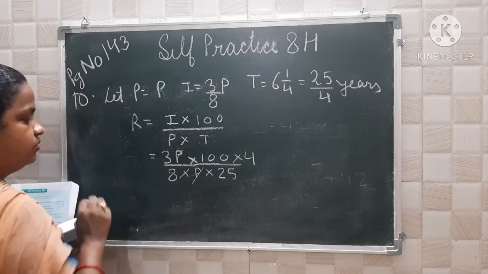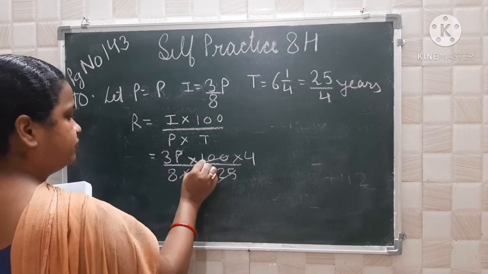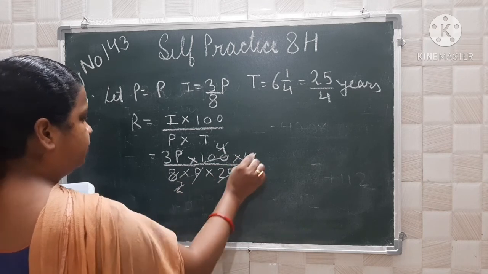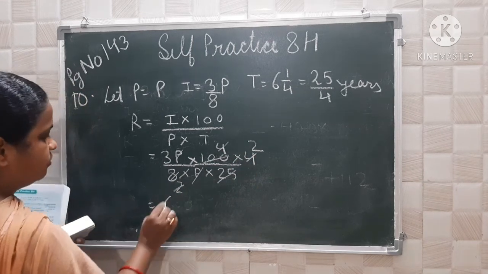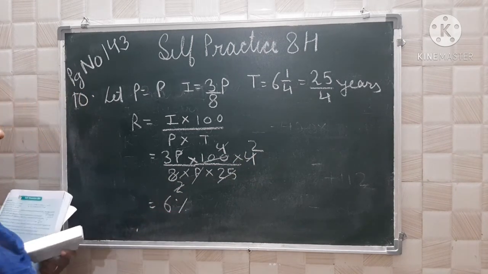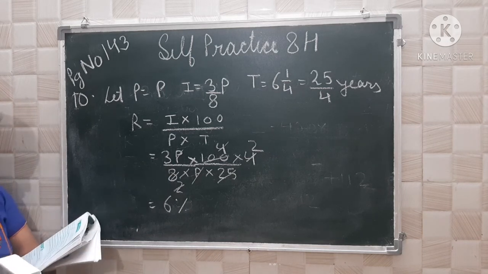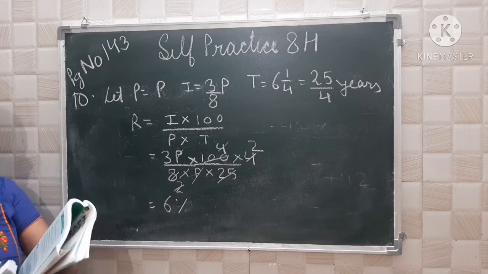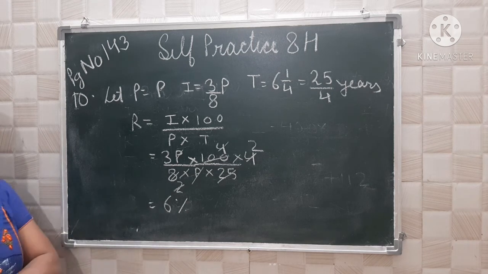P cancel out. 25 4s are 100, 4 2s are 8 and 2 2s are 4. So 3 2s are how much? 6%. What will be the rate of interest? 6%. Okay. What will be the rate of interest here?